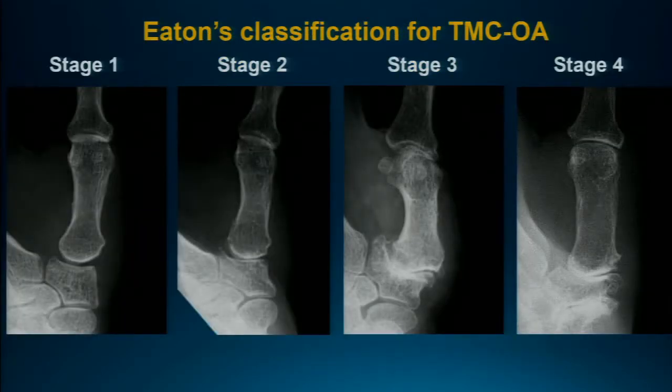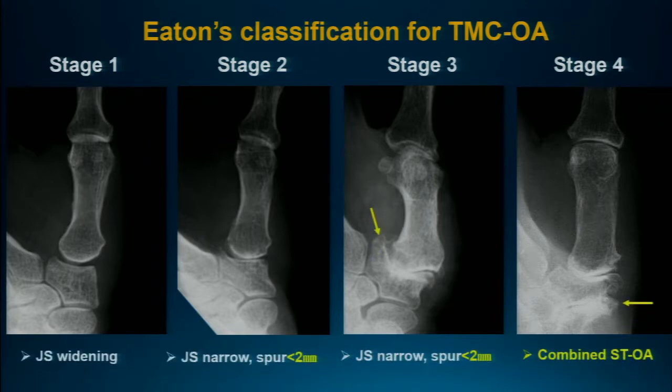And lastly, I'd like to talk about the CMC-OA and the Eaton classification, depending on the advancement of this OA. We can see stage 1 to 2, 3, 4, advancing from mild to severe. And finally, on the right-hand side, we find combined STT and CMC-OA.